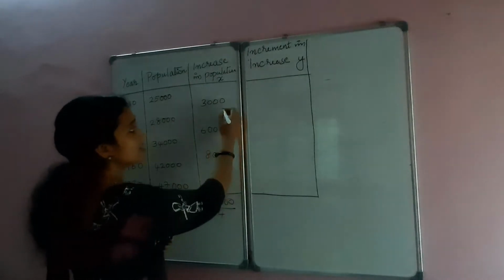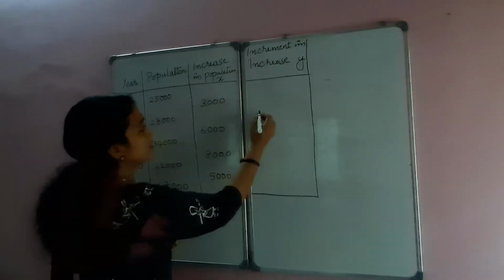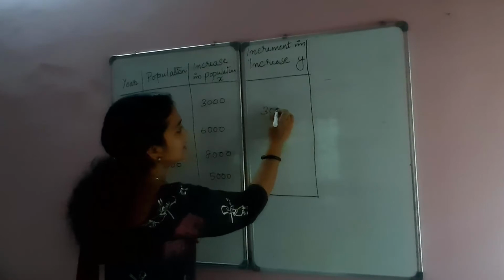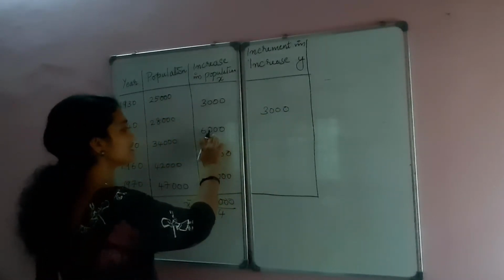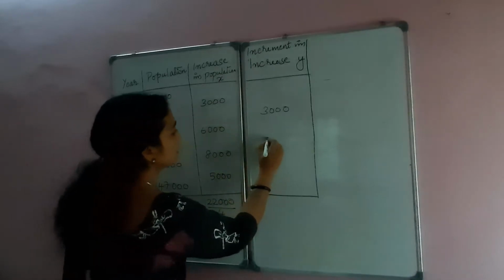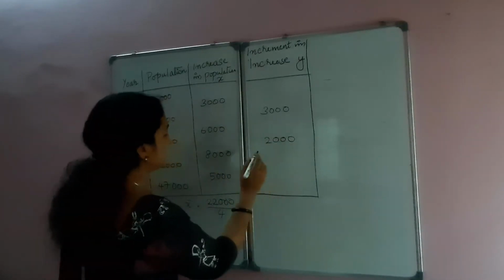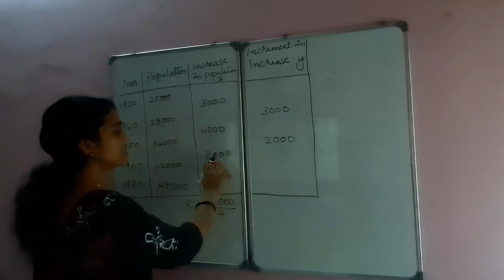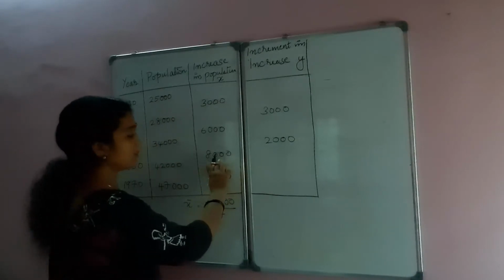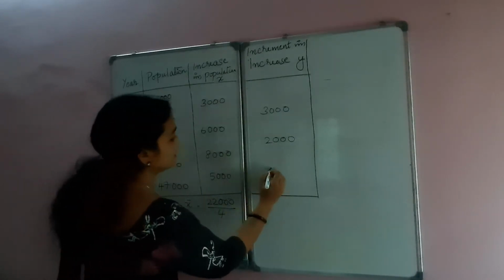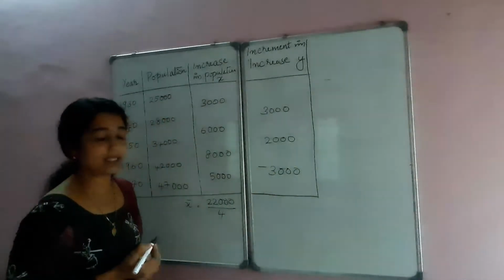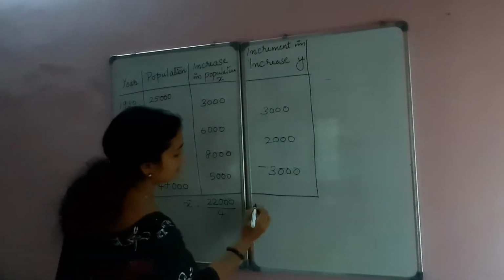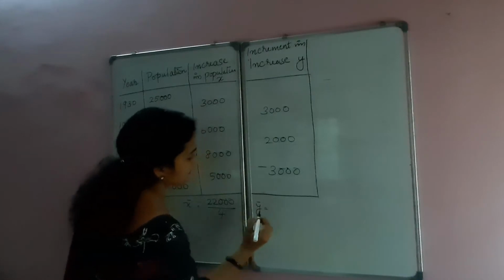That is 6,000 minus 3,000, that is 3,000. Then 8,000 minus 6,000, that is 2,000. Then 5,000 minus 8,000, that is minus 3,000.